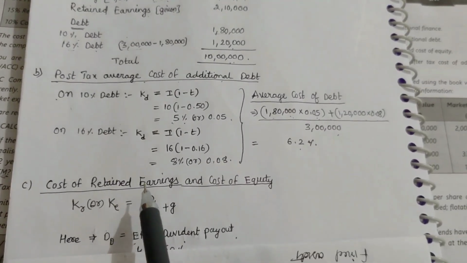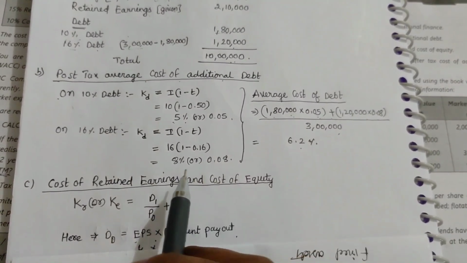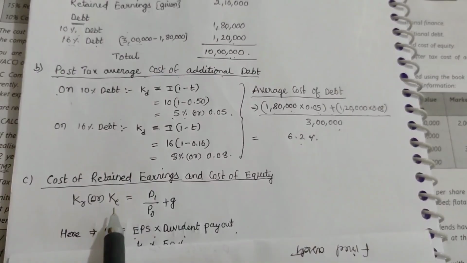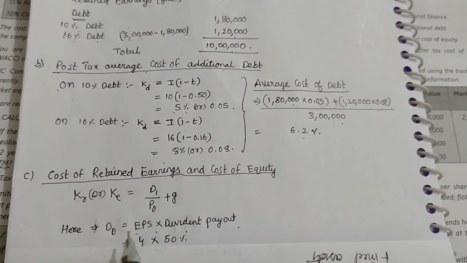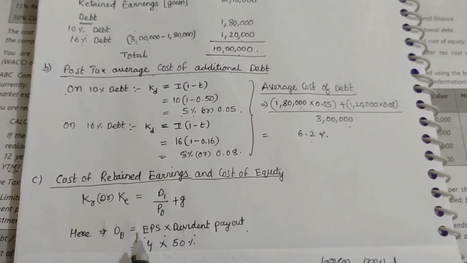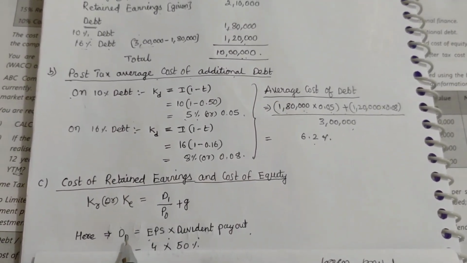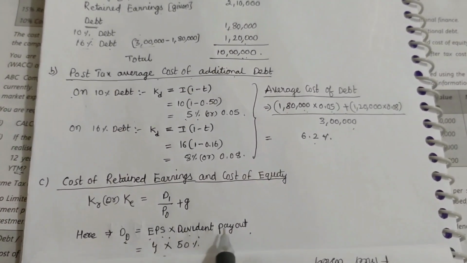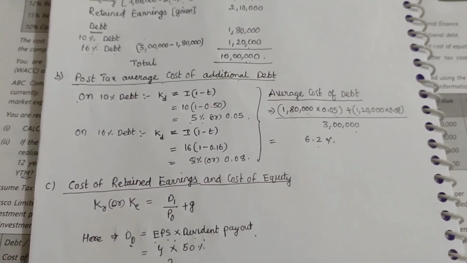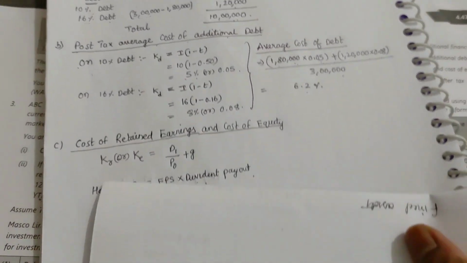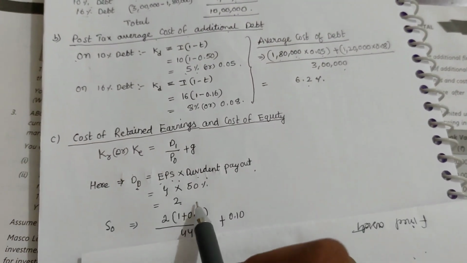Cost of retained earnings and cost of equity are both the same. So KE is D1 by P0 plus G. Here D0 means current year dividend, which is EPS into dividend payout ratio, 4 into 50%, 2 rupees. Dividend paid in the current year is 2 rupees.